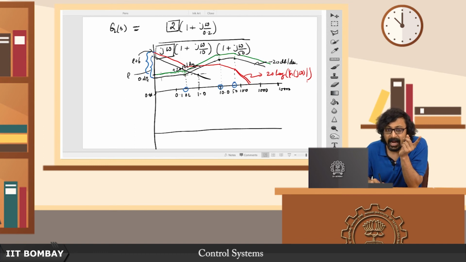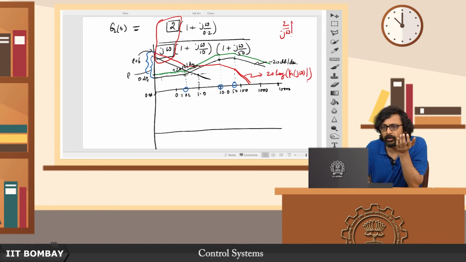For that you really need to find out what this k is. You can try merging the constant term with the integrator together. So instead of thinking of 1 by jω, you think of 2 by jω, and you see what happens at ω equal to 1.